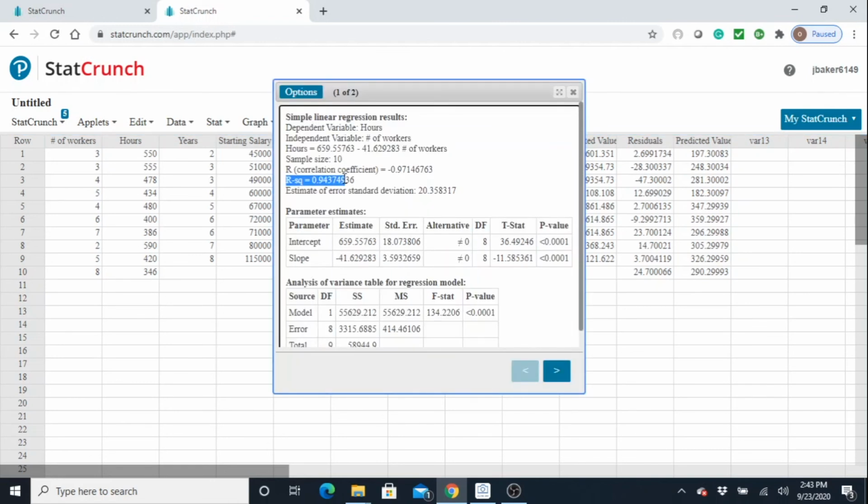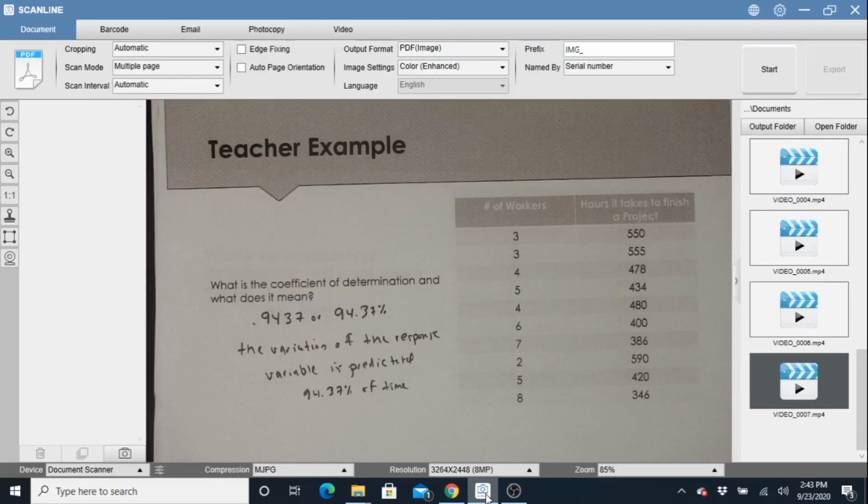So in reality, our r squared is 0.9437 or 94.37%, which basically means that 94.37% of the variation of the explanatory variable is being predicted by the response, which is pretty good. 90% is a good percentage.